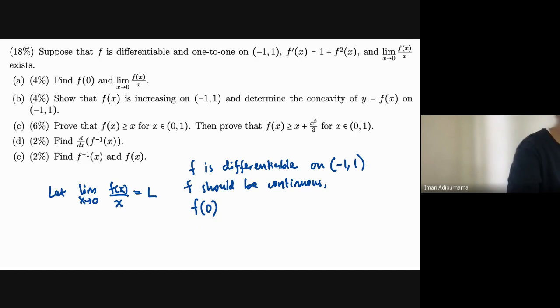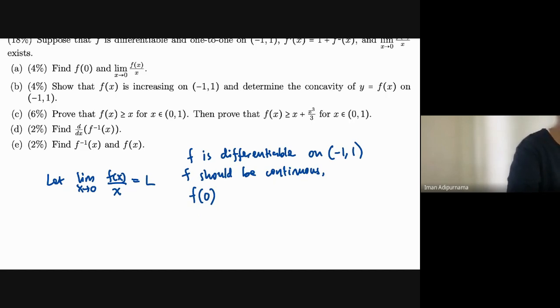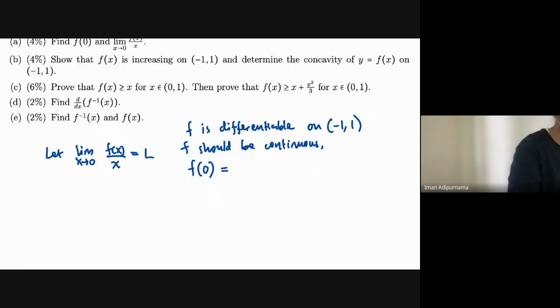Continuous means at x equals 0 the function value is equal to the limit. This is our assumption, and I think it's already correct that f is differentiable, so f should be continuous on the interval, and at x equals 0 it should be equal to its limit.